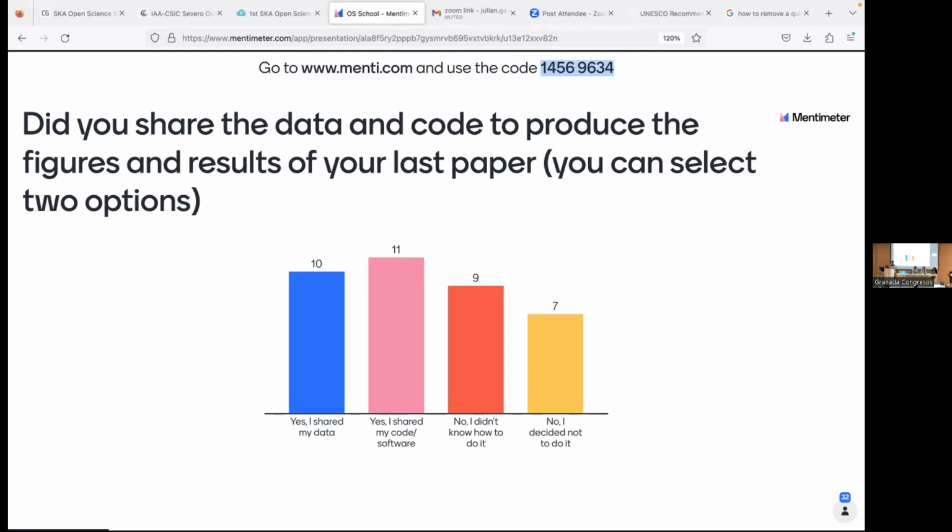Sometimes you cannot completely share what you are doing because of agreements. Sometimes it's not possible to immediately release something, even in science. I know this is in conflict with the context of this school, but I just wanted to point this out. So maybe Rachel or Ruben, do you want to answer that?